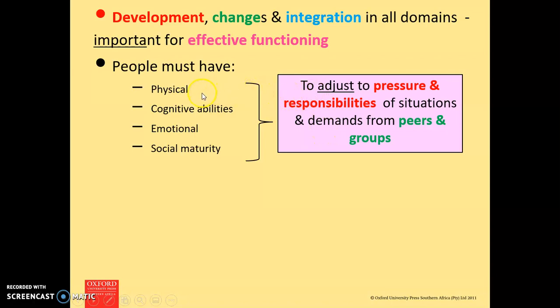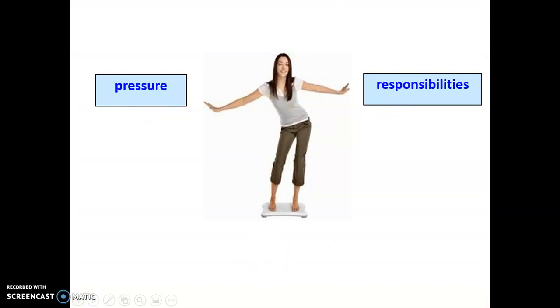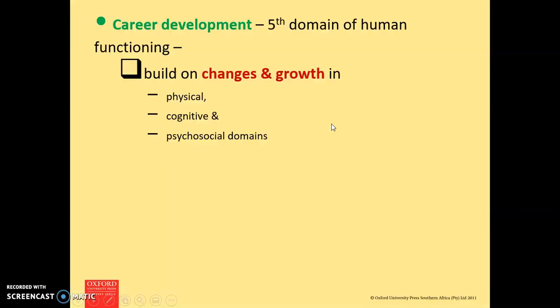So we sometimes have to adjust our physical and cognitive abilities, our emotions, and our social maturity to deal with the pressure and responsibility of situations and demands from our peers, from our group. As individuals we have to adjust to the pressure and responsibility that come from the groups and peers.